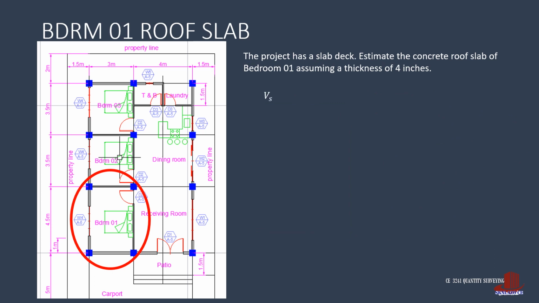The volume of the slab is then computed as 1.05, accounting for the 5% wastage allowance, times the area of 11.33 square meters by the thickness of 4 inches, which is 0.1 meter. This is then taken as 1.18965 cubic meters.